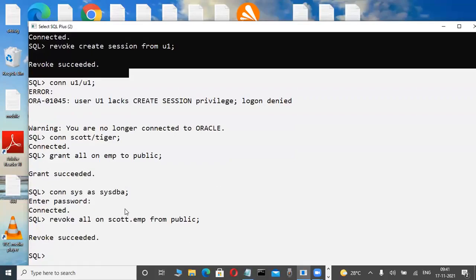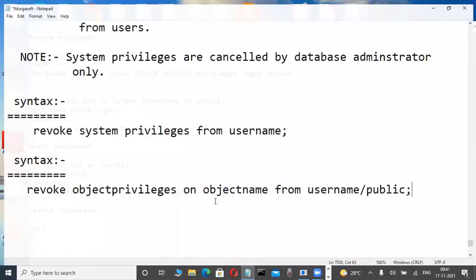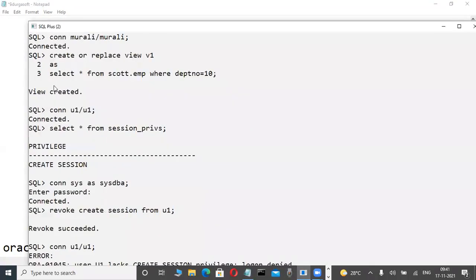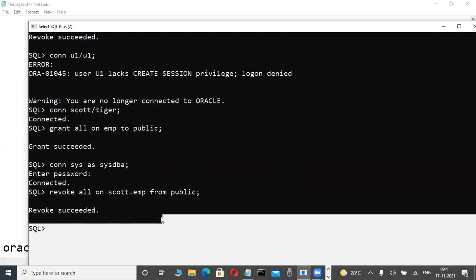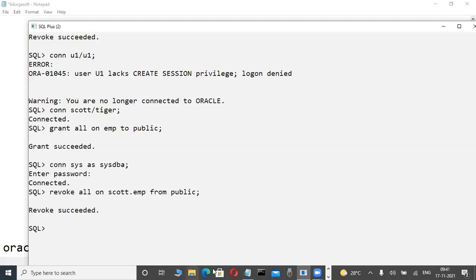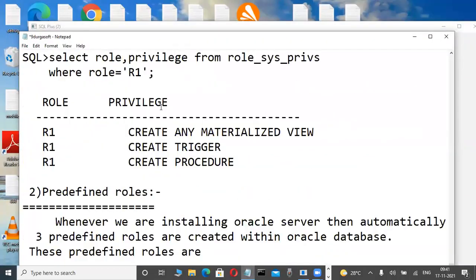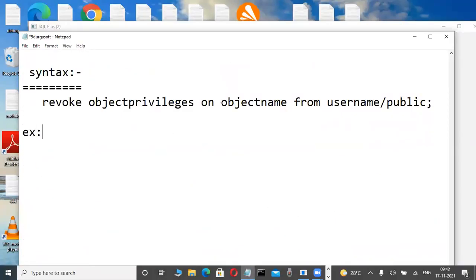One example is enough. Very easy, but you will not use all these cancellations only as an administrator, though it is better to know.